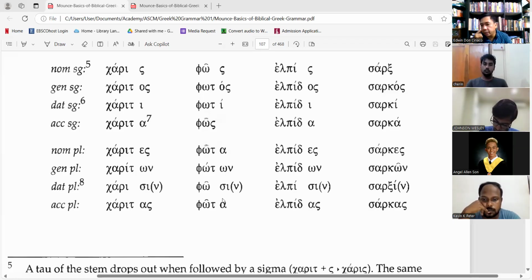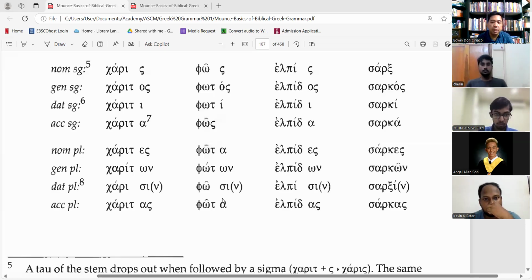And then another question is, sir, what are we going to do with the sin? Well, you really need to memorize that the use of sin is in the dative category, okay? Because the others, you're familiar with, for example phota, photon. And then phosin, or sometimes it's just phosi, and then phota.